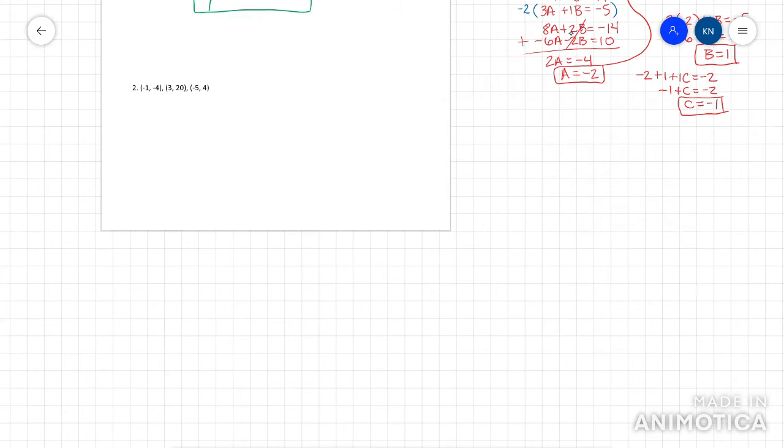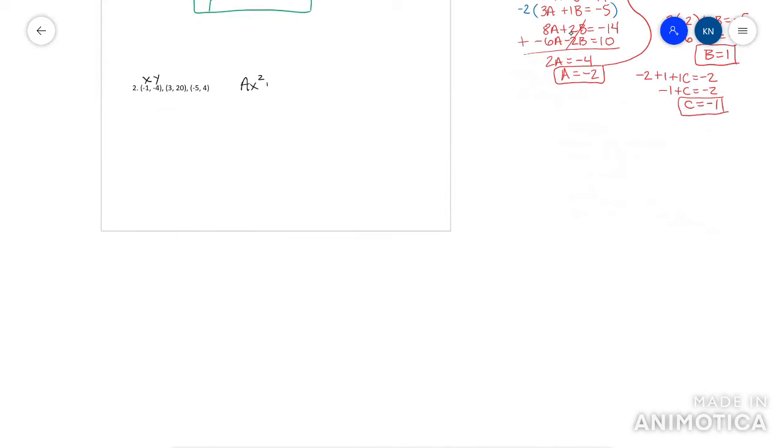All right. The first thing I'm going to do is I'm going to realize these are x, y coordinates, and I'm going to be plugging them into this equation.